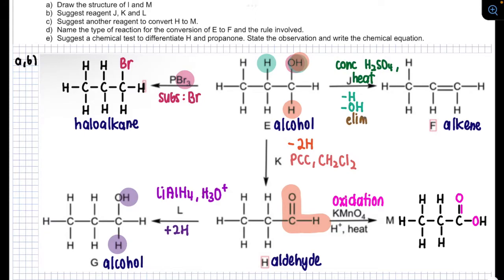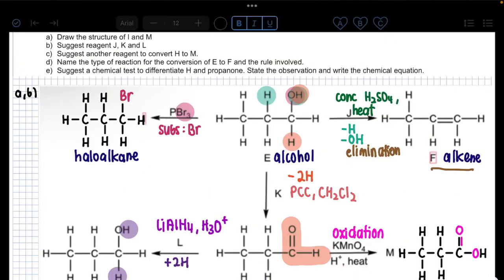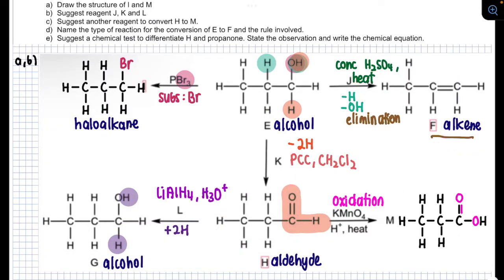This elimination is actually dehydration of alcohol, and we will form an alkene. This is actually our reagent, which goes back to our chapter 5, where we also learned it briefly during chapter 7 on haloalkanes. It repeats quite a lot. So this is actually reagent J.